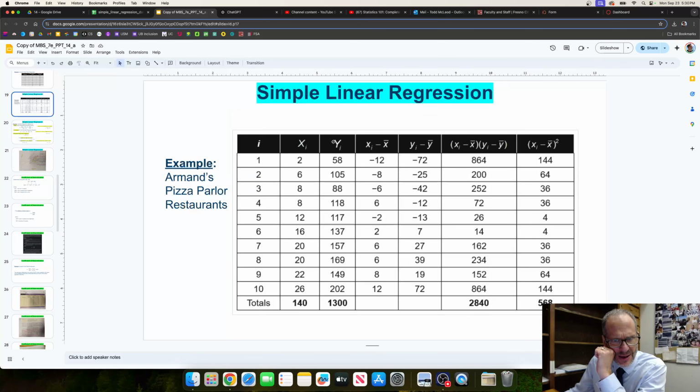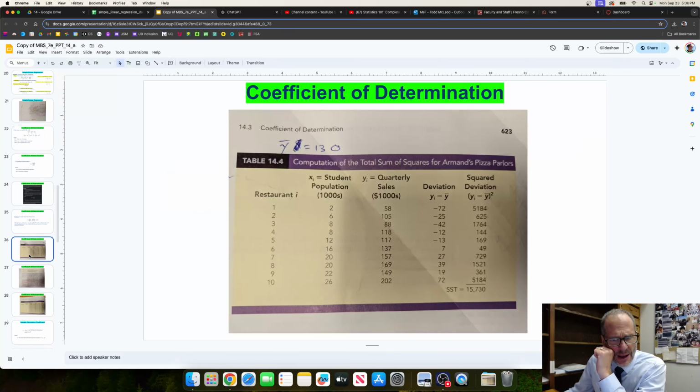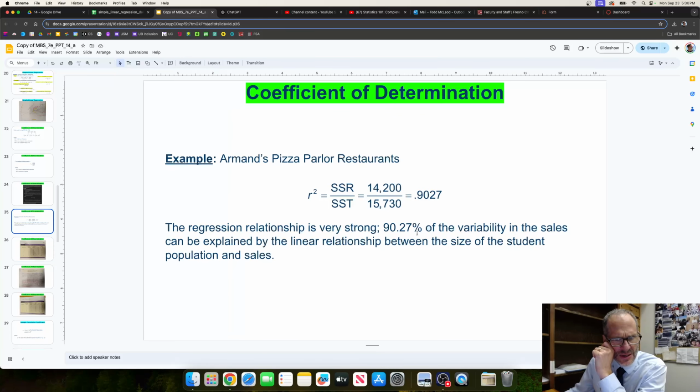That's because here our y's all add up to 1,300, and we have 10 observations, so 1,300 divided by 10 is 130. And with a mean of 130, 58 minus 130 is -72. 137 minus 130 is 7. And then if we square all those and add those all up, we get 15,730. So that's our SST, 15,730.